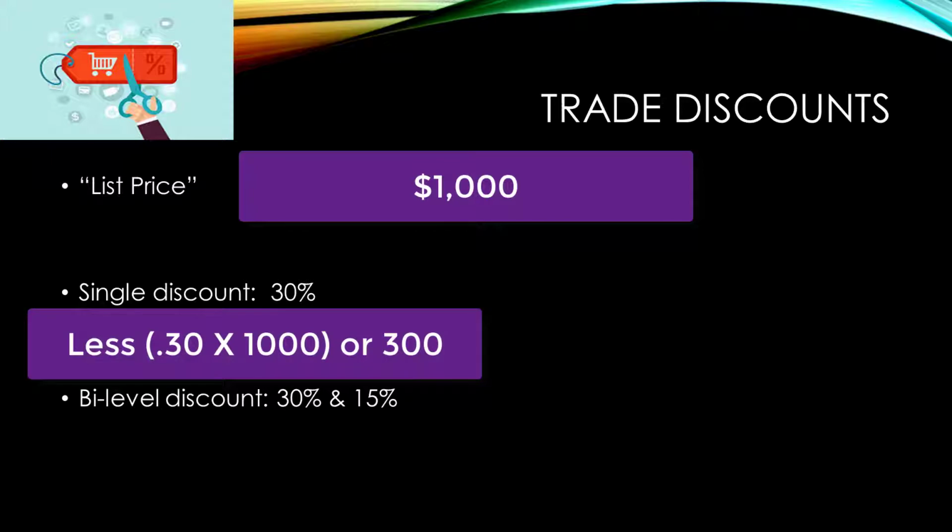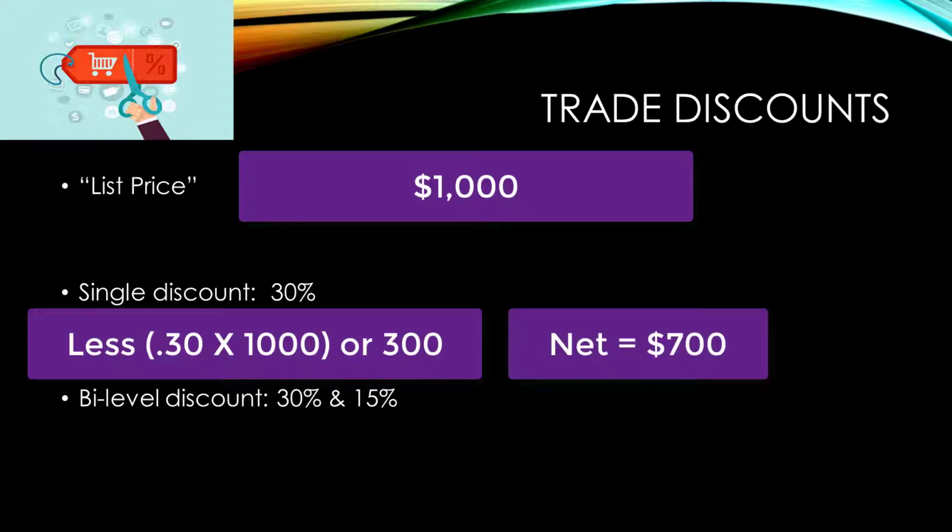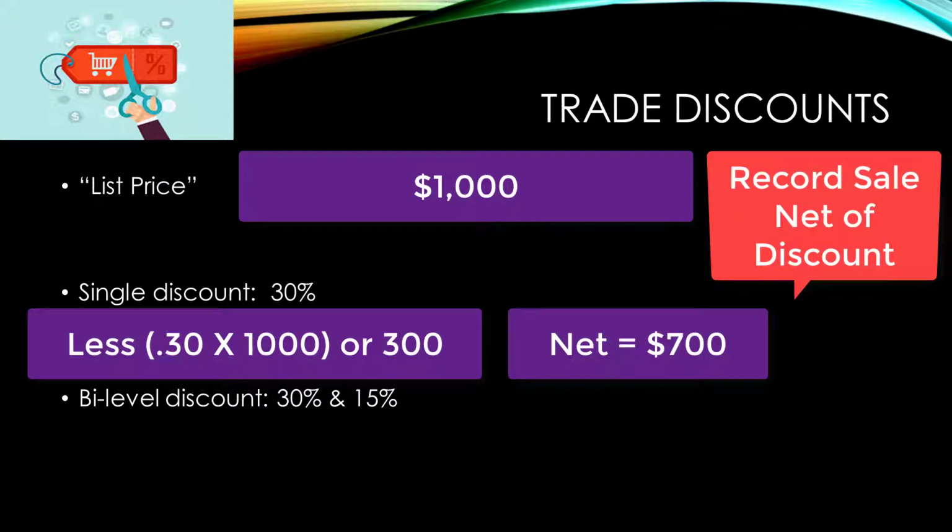This means that a $1,000 list price would be reduced by 30% or $300, bringing the net price of the goods sold to $700. That sale would be recorded net of the discount at $700.